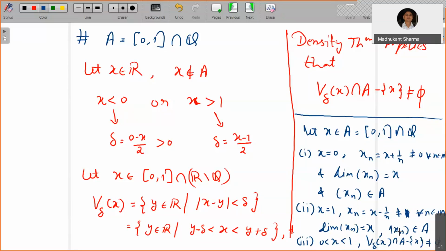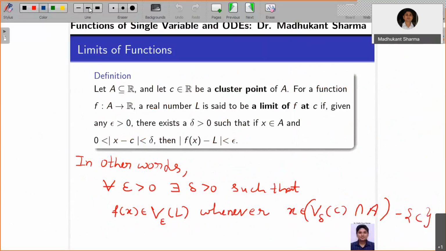Okay, right. Next, we are going to define the limit of a function of a single variable. So this is as follows.